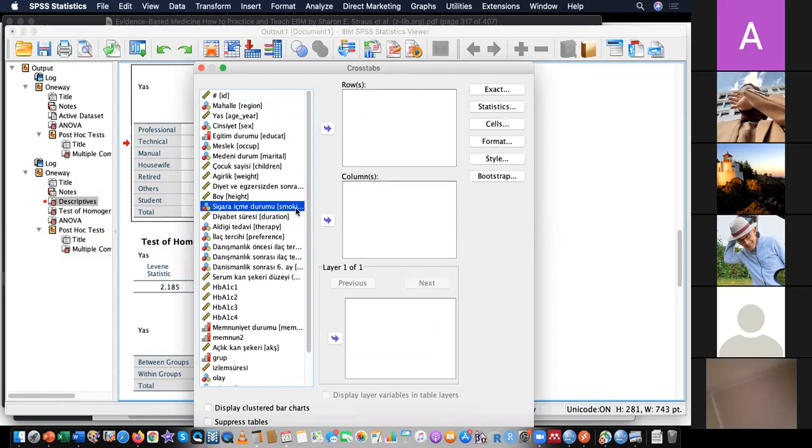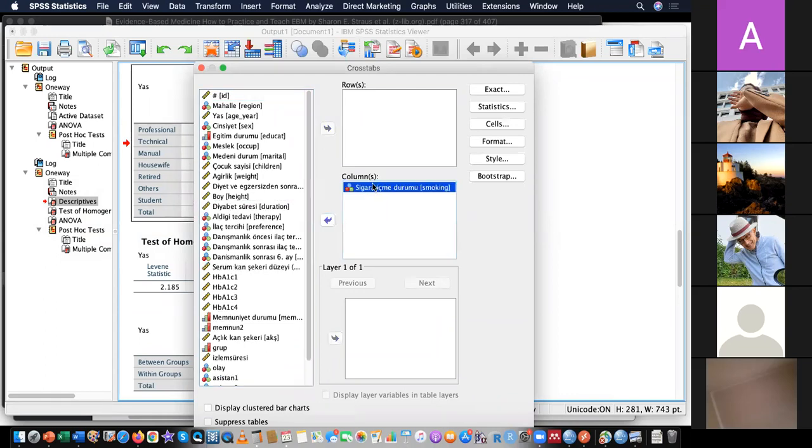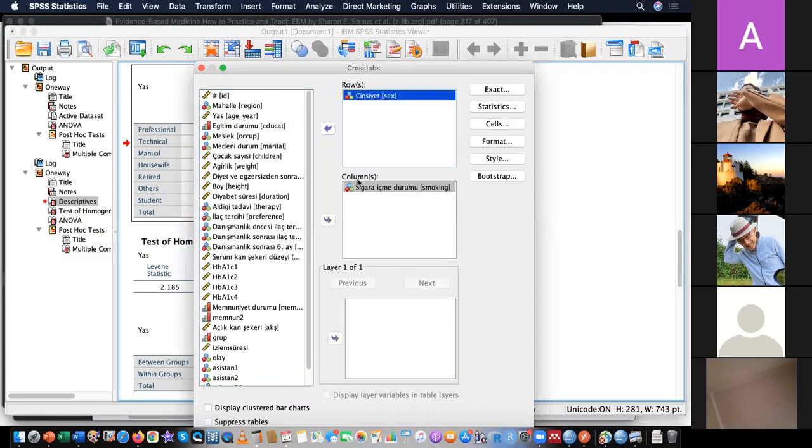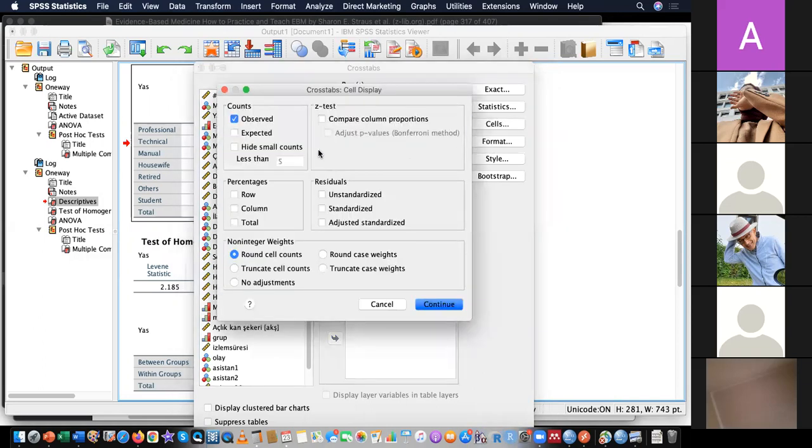Let's say smoking status is the dependent, and sex is my independent variable. I want to see whether there is a significant difference between males and females concerning smoking status. You see the counts I have here, observed and expected.